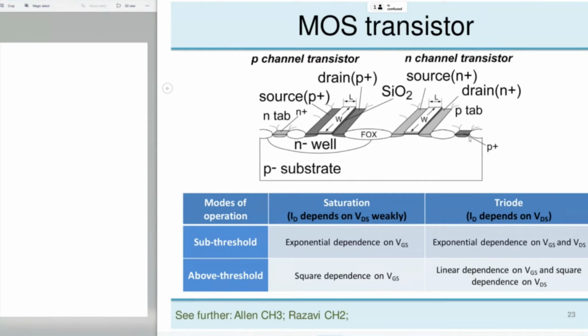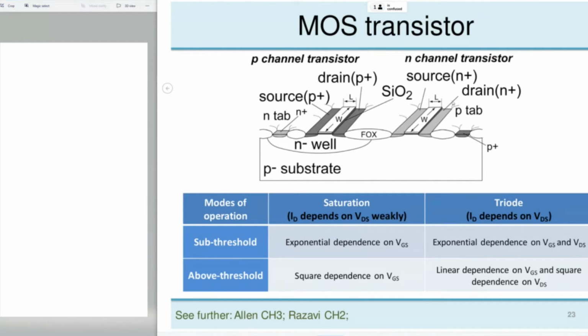So this is the bulk connection, and we have here an area for the drain and an area for the source, which are N plus sockets. So these are areas which are doped with donor atoms inside the P-type substrate. This is the length of the transistor, and this is the width of the transistor.